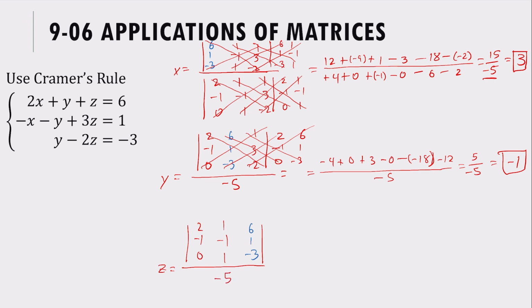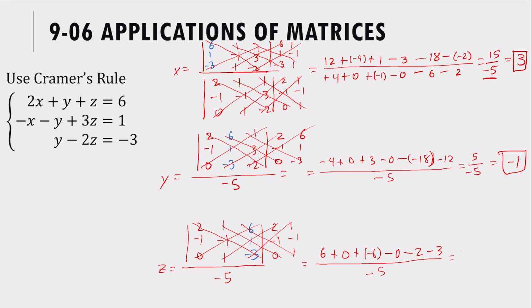The denominator is still negative 5 because it's just the determinant of the coefficients like x. So it looks like we get 6 plus 0 plus a negative 6 minus 0 minus 2 minus 3.